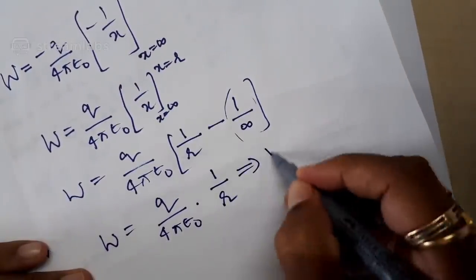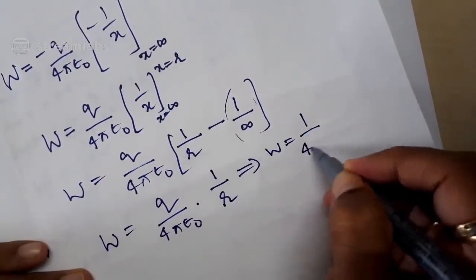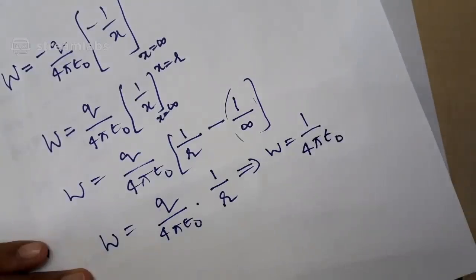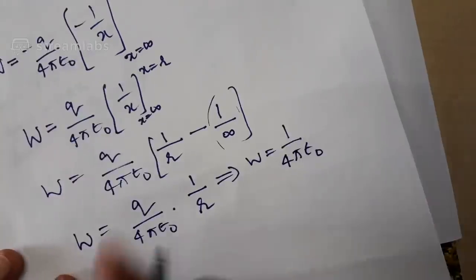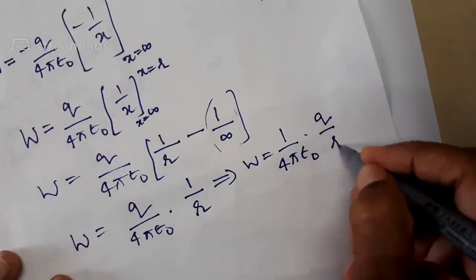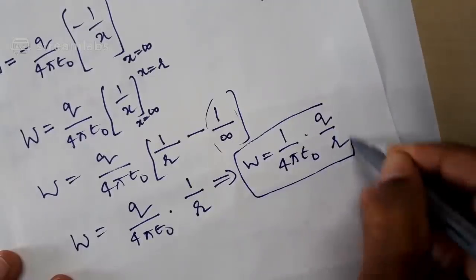This can also be written, in the standard form you'll find in most equations in electrostatics, as W is equal to 1 by 4 pi epsilon naught into Q by R, since 1 by 4 pi epsilon naught is a common term. This is the work done.